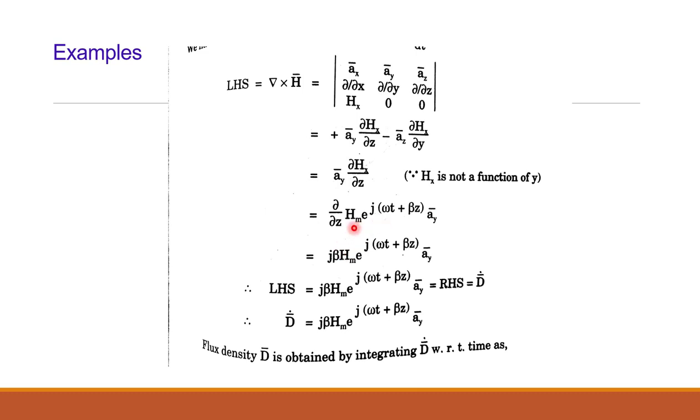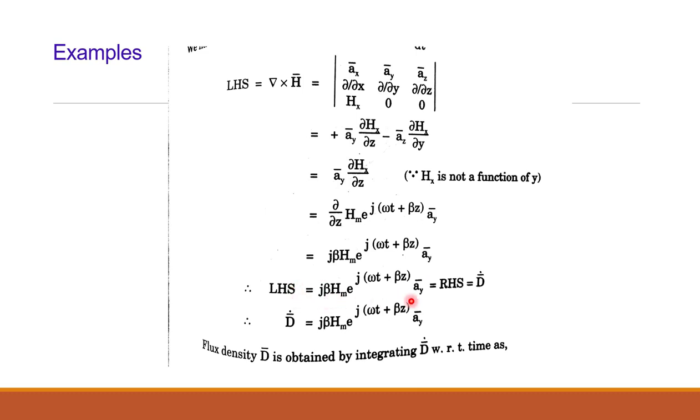So after differentiating, Hm e raised to j(omega t plus beta z) is multiplied by the differentiation of the bracket with respect to z. So it is 0 plus j into (0 plus beta), right? That will become j beta Hm e raised to j(omega t plus beta z) ay cap.